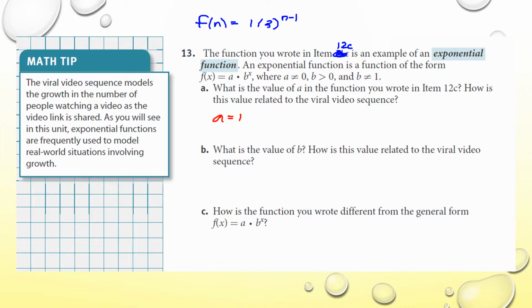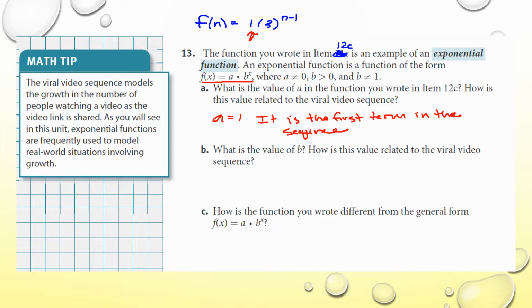That was that value right there, because here's the formula, and so a was right there. And how is it related to the viral video sequence? It is the first term. It's where it starts. The first term in the sequence. So this sequence started with just one viewing.